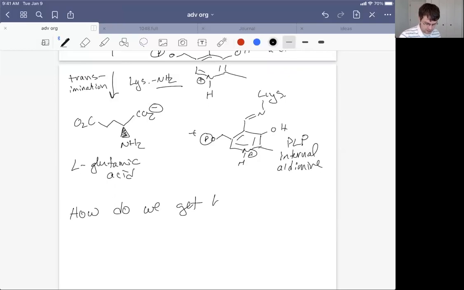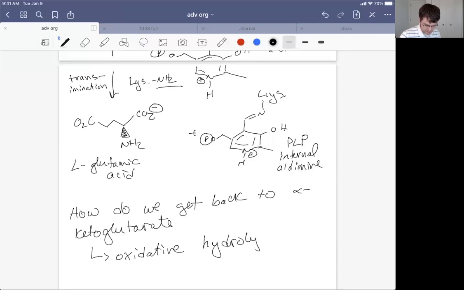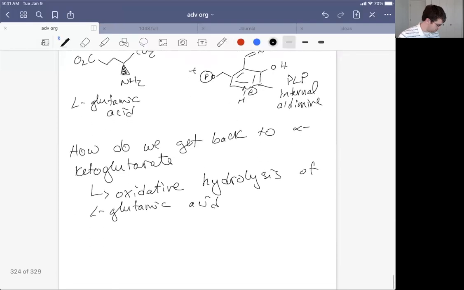How do we get back to alpha ketoglutarate? Well, we do an oxidation followed by a hydrolysis. So an oxidative hydrolysis of L-glutamic acid.